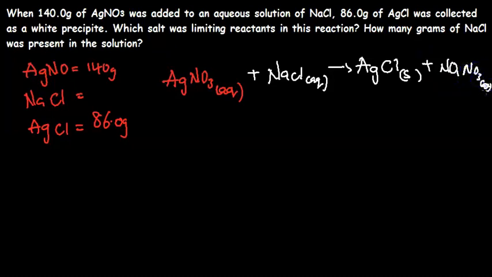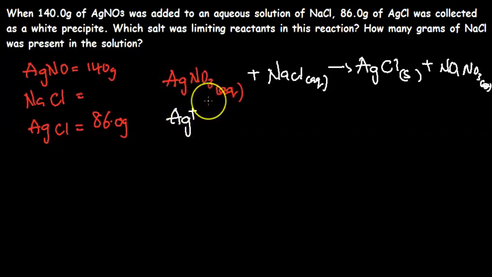This equation represents the double displacement reaction where silver ions, in this case from silver nitrate. Because this is silver nitrate, if we remove this, it's going to be silver ion. At this point, we are ignoring the nitrate.